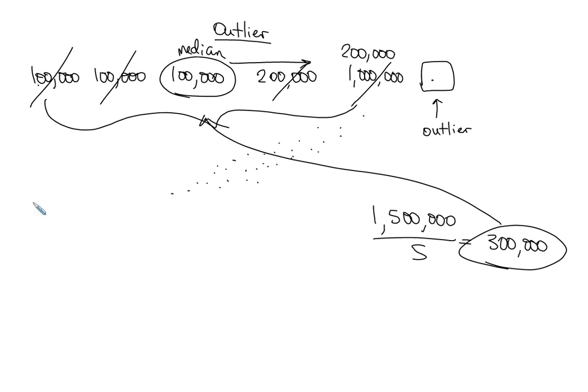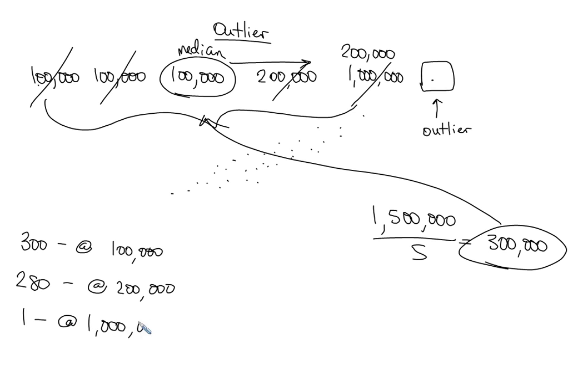But what if I had 300 homes at $100,000 each, and I had 280 homes at $200,000 each, and I had 1 home at $1 million? Is that million, that outlier, going to have as big an effect as it did here? No. So averages tend to be much more accurate for us when we have a lot of data.